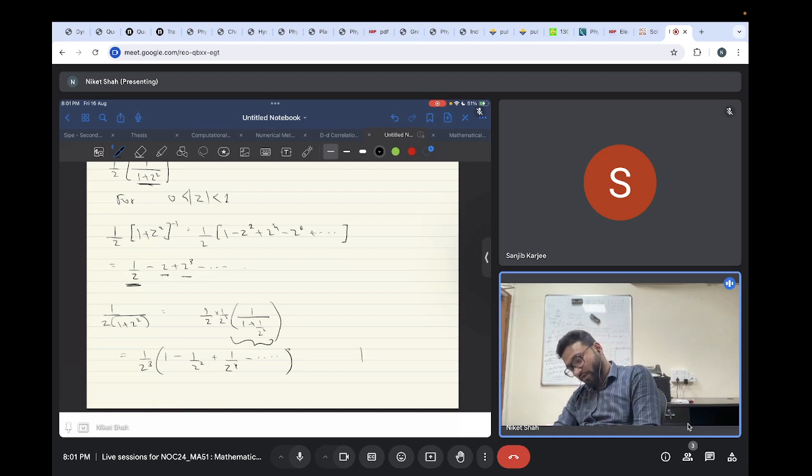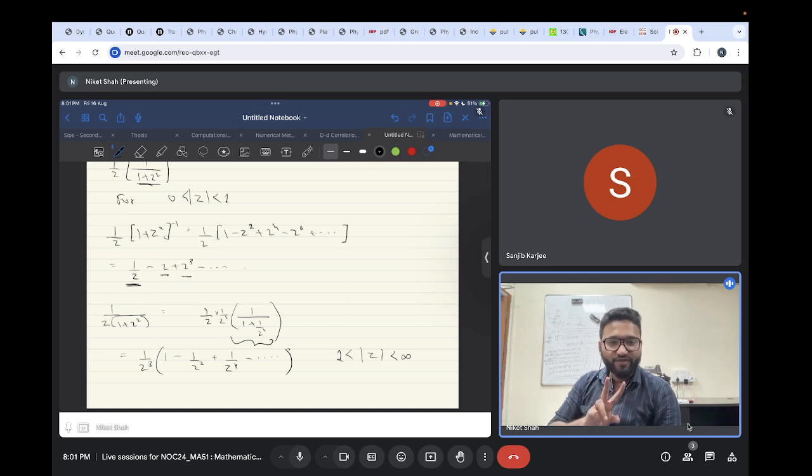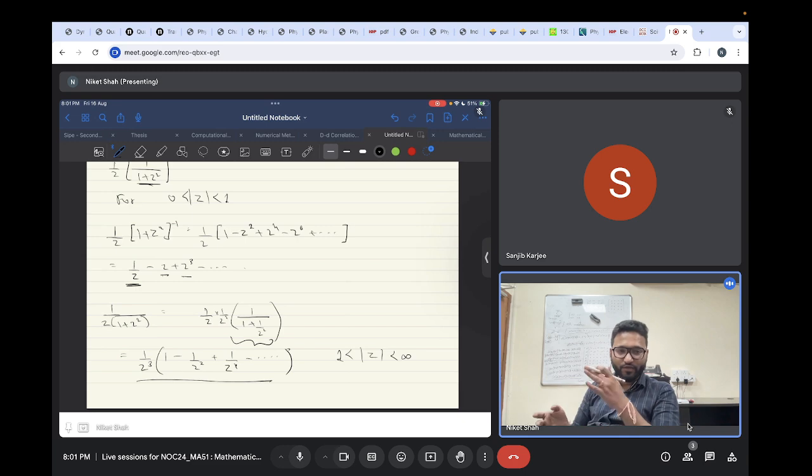This is for mod z from 1 to infinity. From 1 to infinity, this is what will be valid. But clearly, these are two different conditions. That's why there are two different expansions. From 1 to infinity, I will get this kind of expansion because 1 by z square is less than 1, so I can use binomial only in this form.